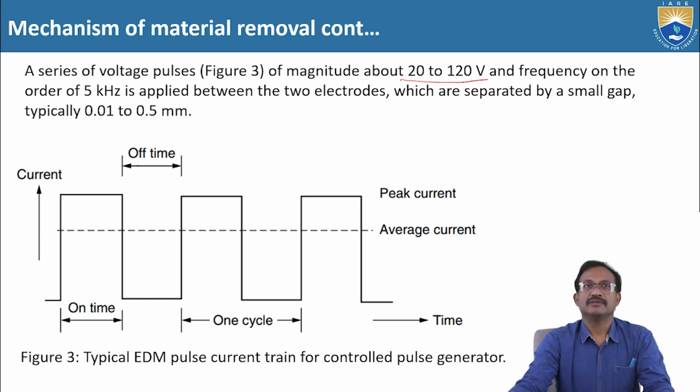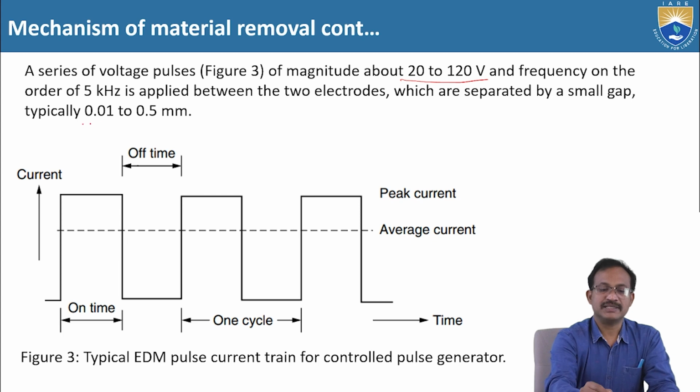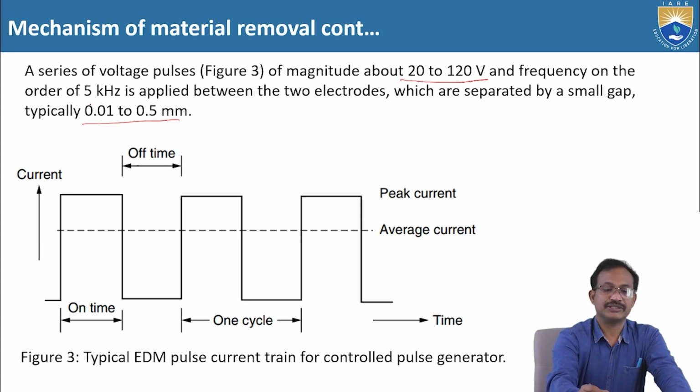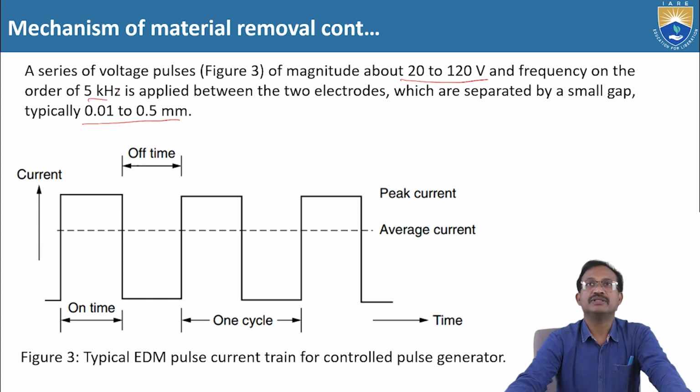Okay, so the gap between the tool and the workpiece is between 0.01 to 0.5 mm. Okay, and the voltage varies between 20 to 120 volts and the frequency on the order of 5 kHz. Okay, so these are the important parameters.